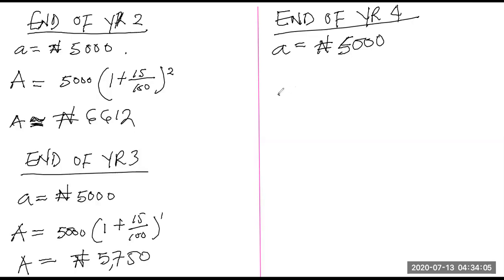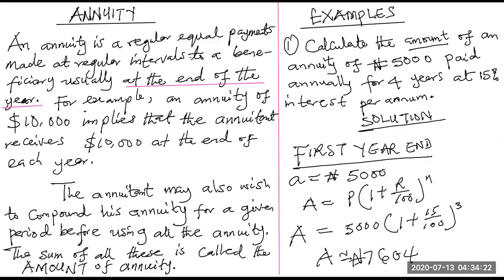So the total annuity equals the amount of annuity. The amount of annuity gives us the amount from the 1st year. The company gave him this, but he was wise enough to invest and compound it and got 7,604.